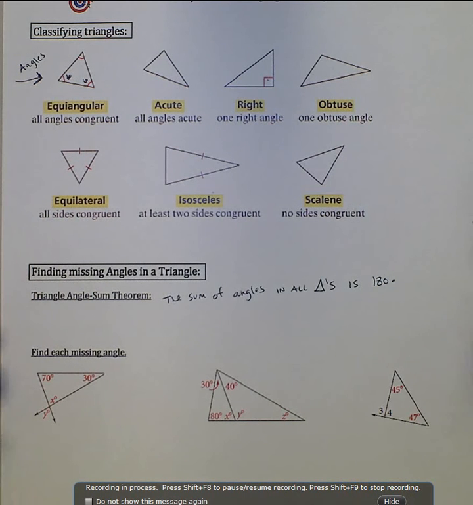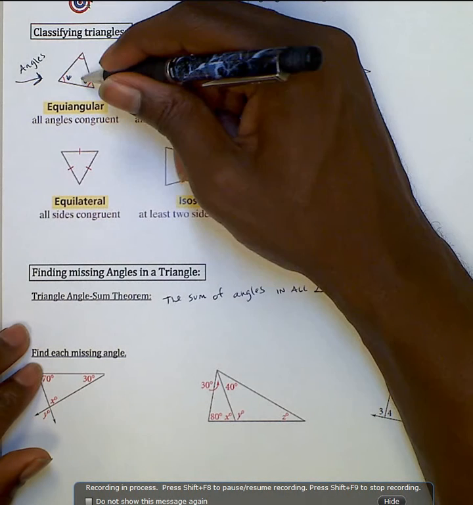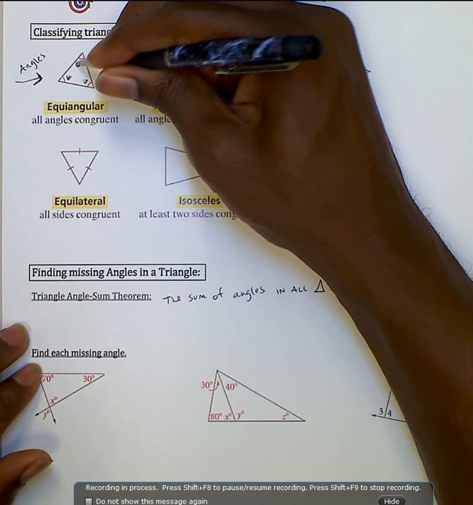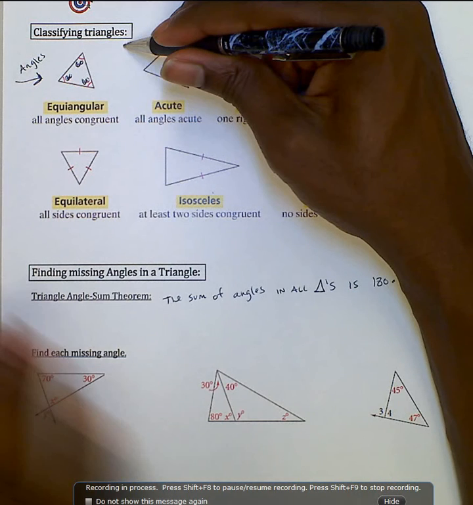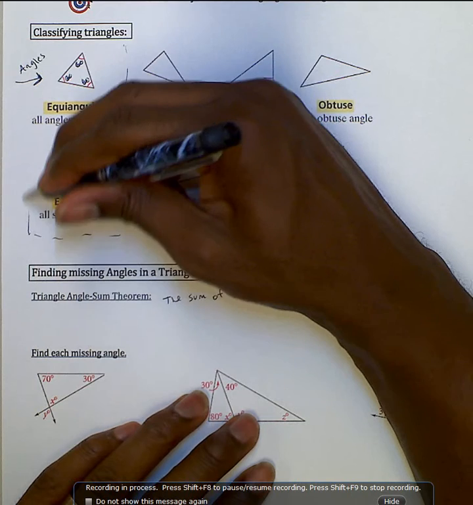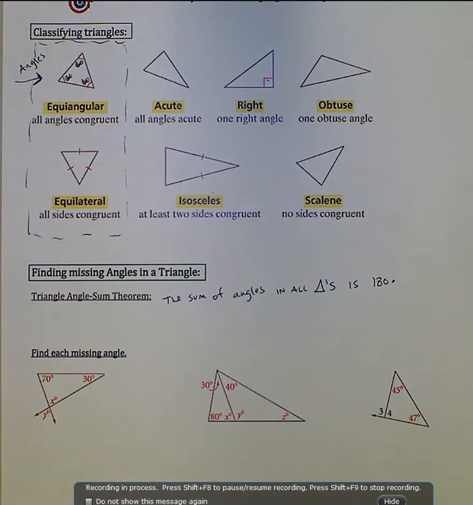So no matter what triangle you're looking at, when you add up all its angles, it should equal 180 degrees. Going back to what I wrote up here, an equiangular triangle just means that all of the angles are 60. And I should point out that if a triangle is equiangular, it will be equilateral, and vice versa.